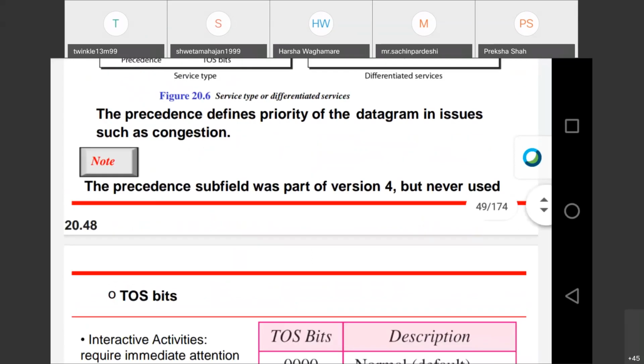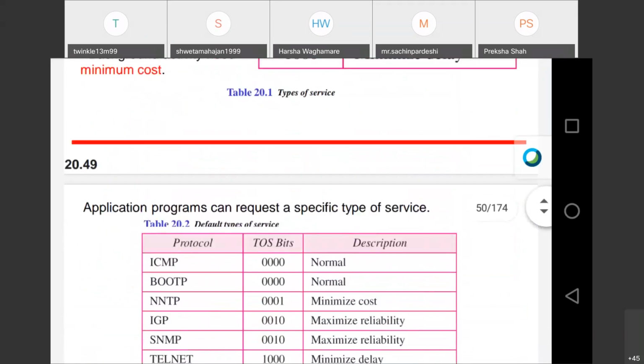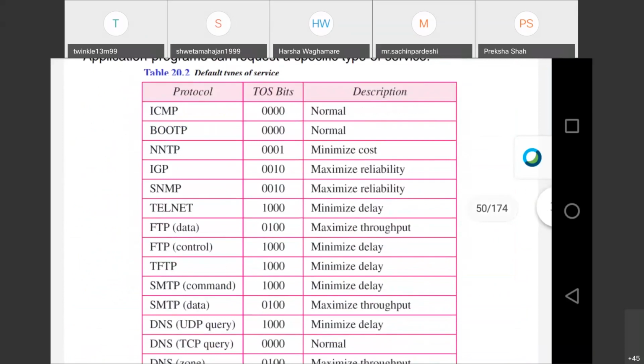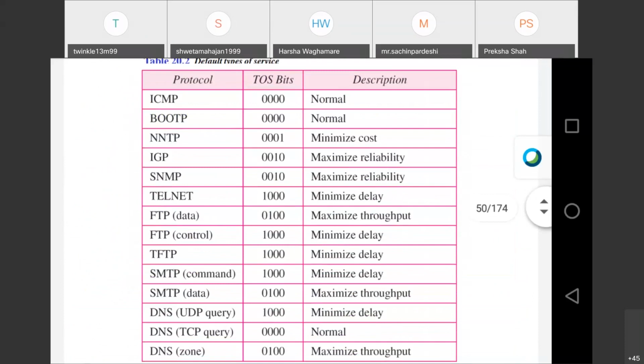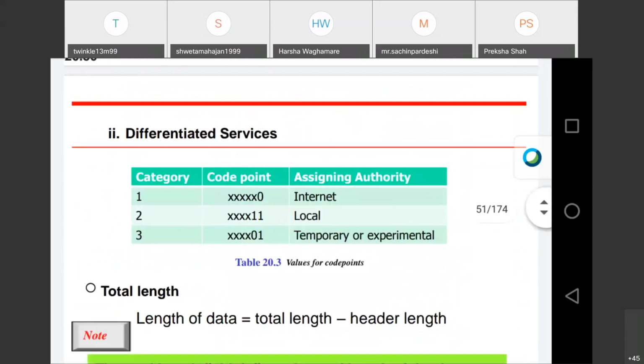In the type of service we have seen 4 bits provide different services like minimize cost, maximize reliability. These different protocols use these different types of services. Okay, I'm talking about differentiated service. In differentiated service, the first 6 bits define the service.